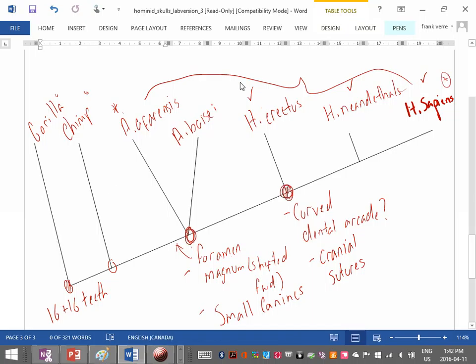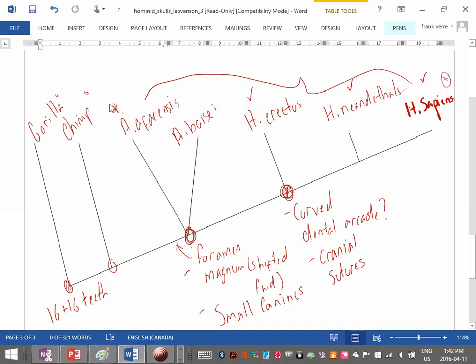Anything else maybe we can put on this tree? Now, when you guys are looking at the foramen magnum, between Afarensis and Boisei, it shifted compared to gorillas and chimps, right? But what about when you look at Homo erectus, Neanderthals, and Homo sapiens? Did it shift even more?